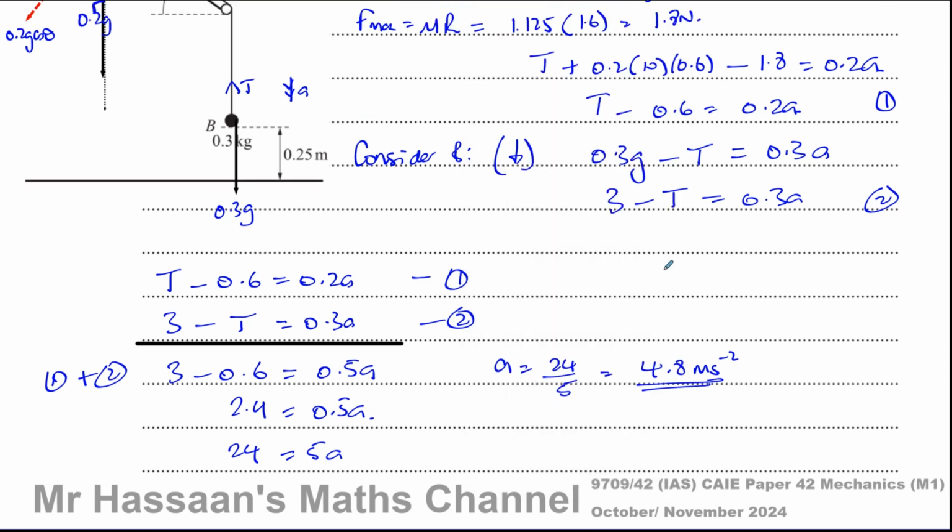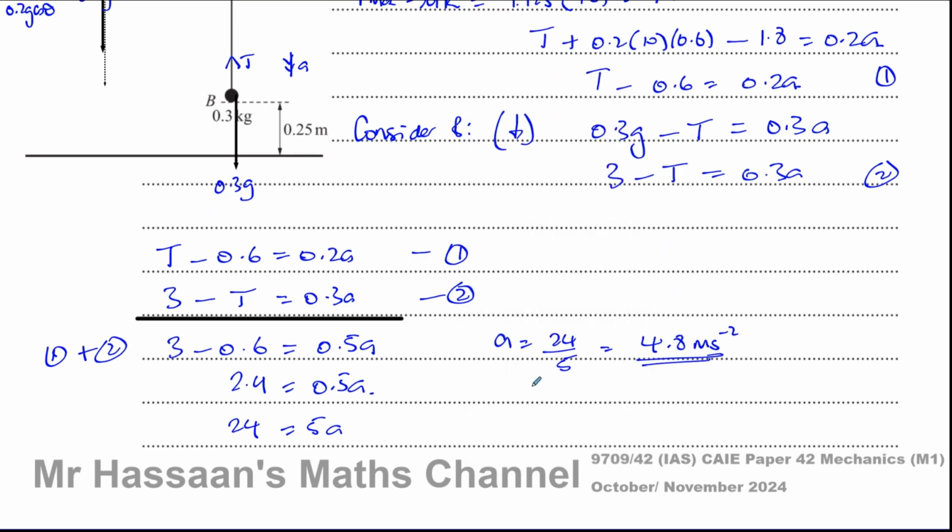All right. So we now have the acceleration, and now we've got to find the tension. The magnitude of the acceleration is 4.8 meters per second squared. We can use either of these two equations. I could use this one here. I can say T is equal to 0.2 times 4.8 plus 0.6. So we're going to use equation 1 and substitute 4.8 for a, and that should give us the tension.